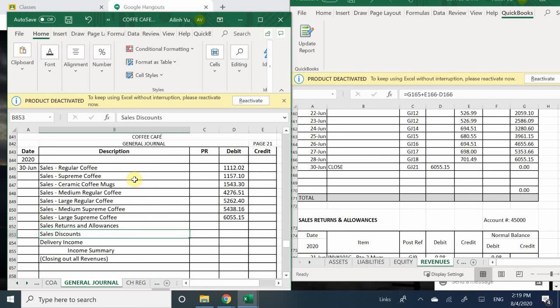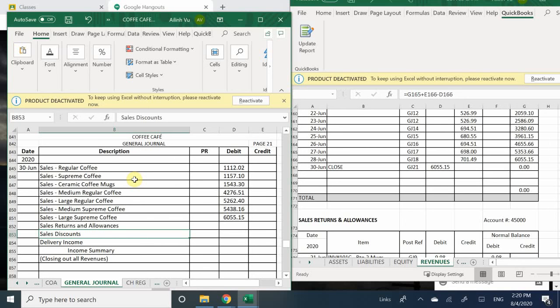Now, you may have the same exact customer come in every month, but how they order may differ. They may order a regular coffee today, a supreme coffee tomorrow. They can buy the wholesale pound from you. You will never have the same exact transaction occur in different months.